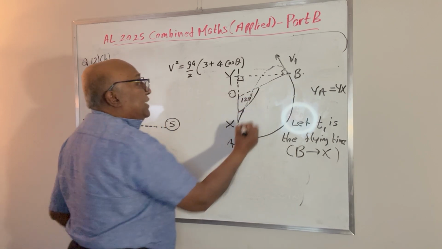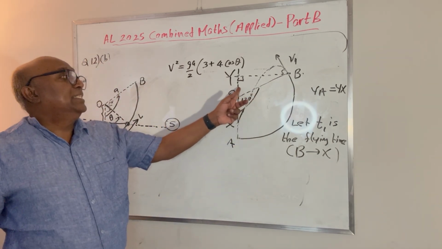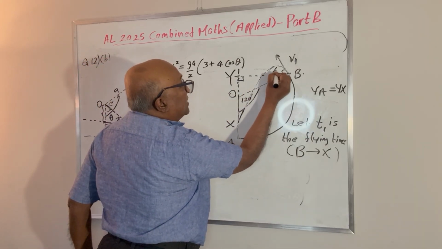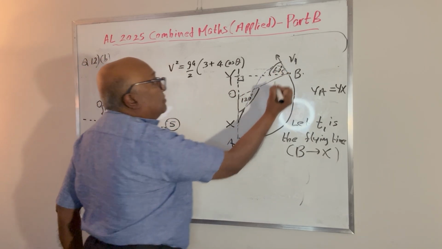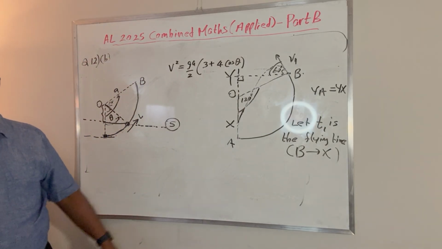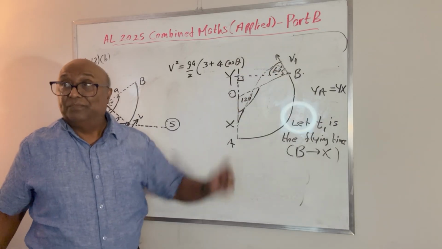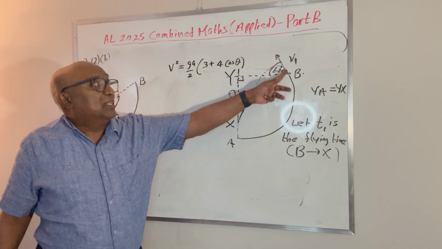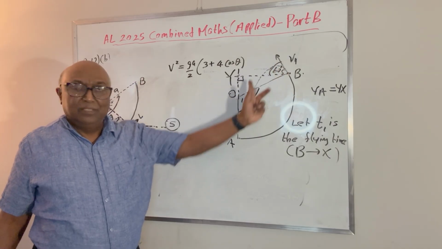This is 120, this is 60, 30. Finally, this angle will become 60 degrees. That means we know the angle of projection. Then we have to find the velocity of projection for the projectile motion.